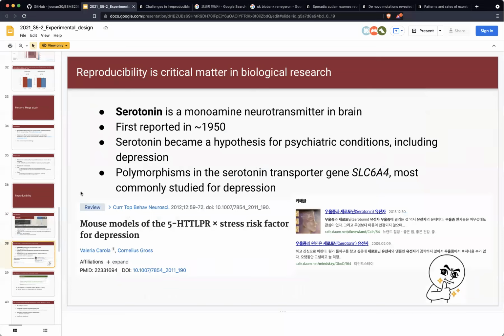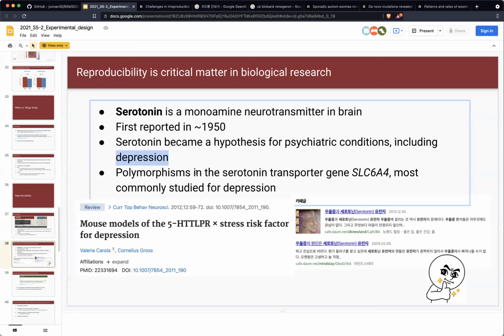And another critical part I introduced here is the gene, right? So one gene we know about depression is serotonin. Serotonin is not a gene. This is a neurotransmitter, and this is in the brain. It was first reported in 1950, about half a century ago. And so serotonin became a hypothesis for psychiatric conditions, especially depression, right?